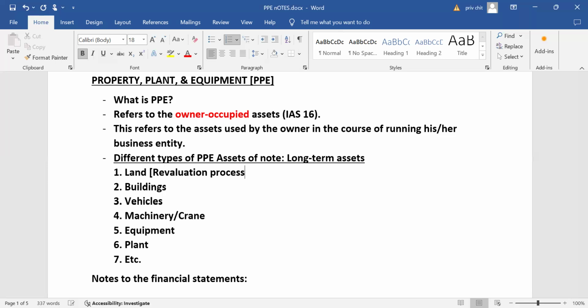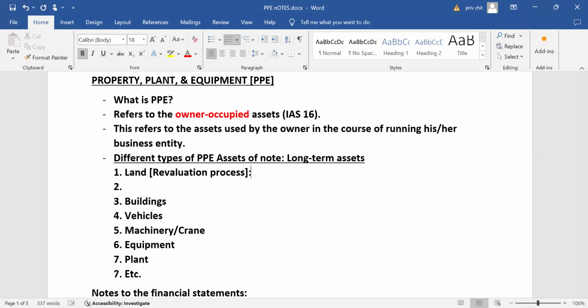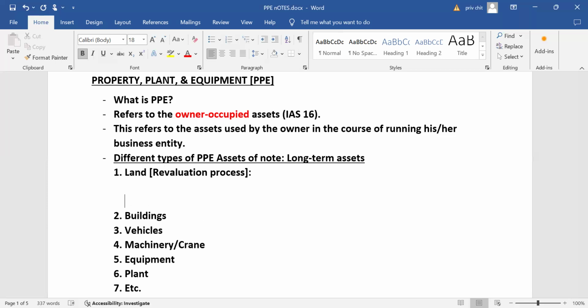It's not a new concept at this third year level. Why I'm saying so, because at second year you were introduced to this. With the revaluation process, you definitely need the carrying value of the asset, and you need to measure that against the market value of the asset today.